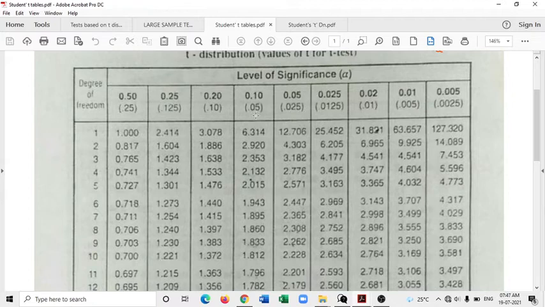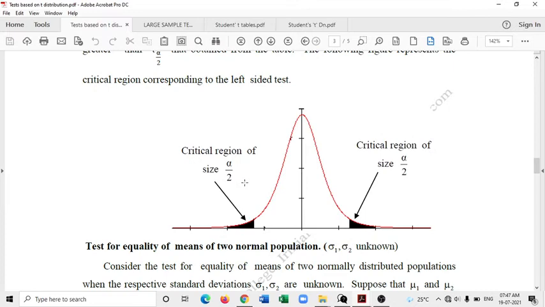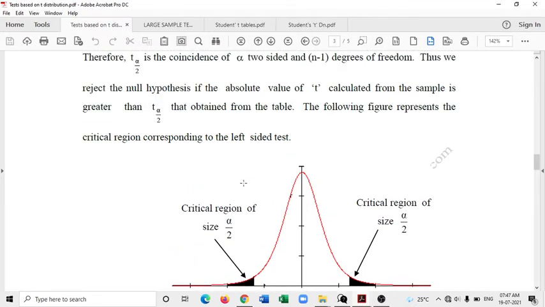Therefore, when the test is right-sided or left-sided, you have to refer to 0.05 from the lower row, and 0.05 from the upper row when the test is two-sided. That's about the critical regions corresponding to various alternate hypotheses of this testing of mu equal to mu 0.